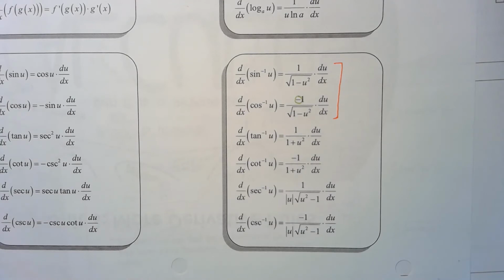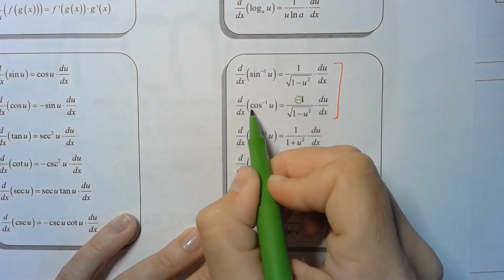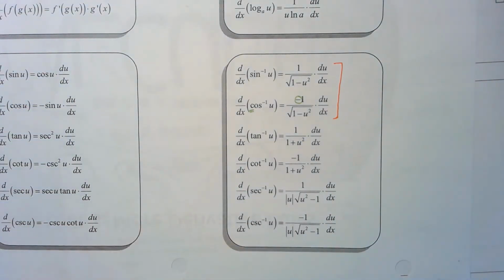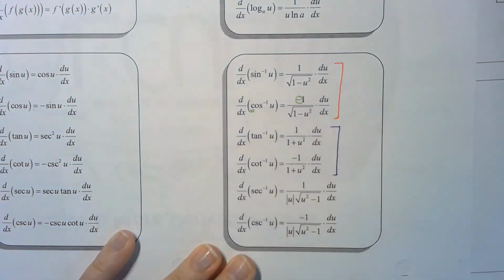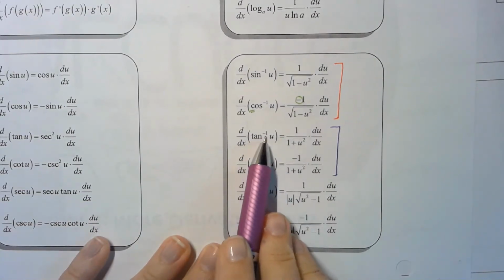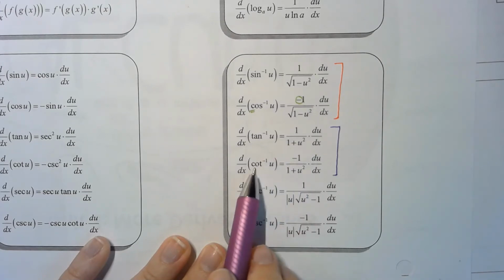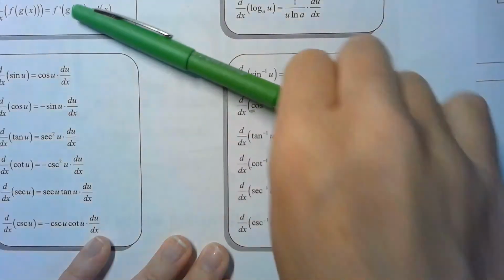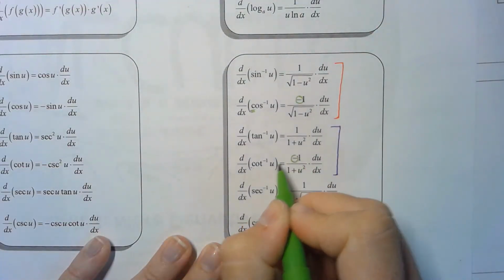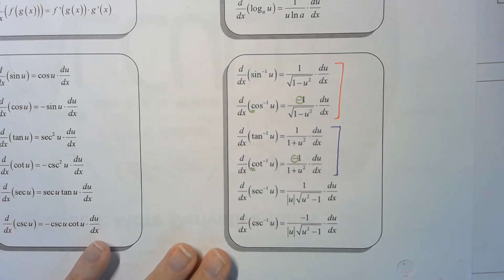Oh, well, that makes that easy to memorize, doesn't it? Also it starts with the letter C, doesn't it? Let's clump these two together. This is the derivative of inverse tangent. It's 1 over 1 plus u squared. We'll do some practice with these. Inverse cotangent is exactly the same except for the negative on top. Oh, look at that. Also started with a C. We've seen that pattern before.